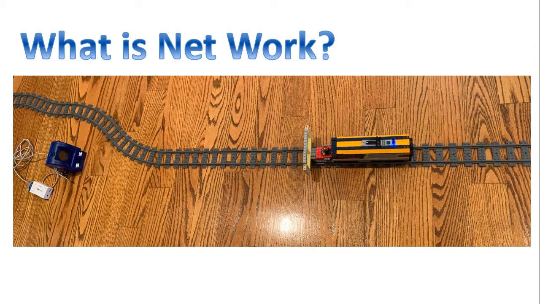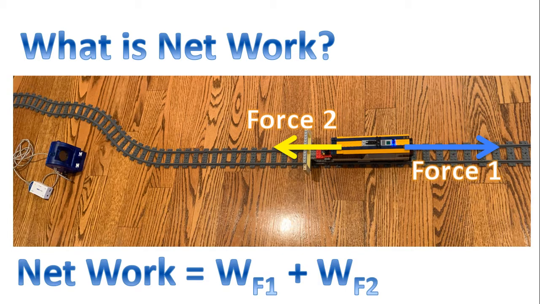And so what is net work? Net work is the sum of the individual work done by each force. So if there's two forces, we see a sum of two different work values. If there's a third force, then that equation would be adjusted to write plus W force 3.